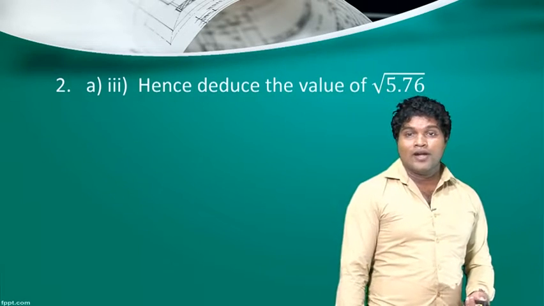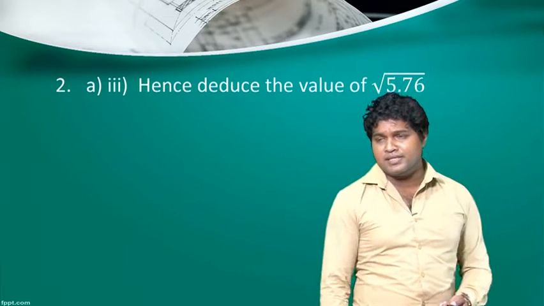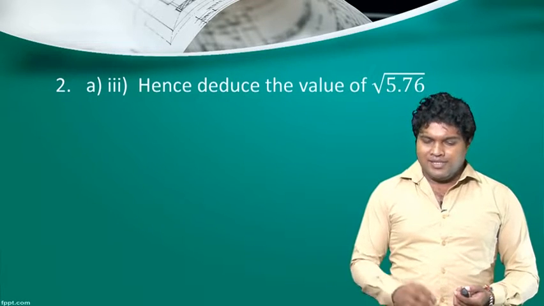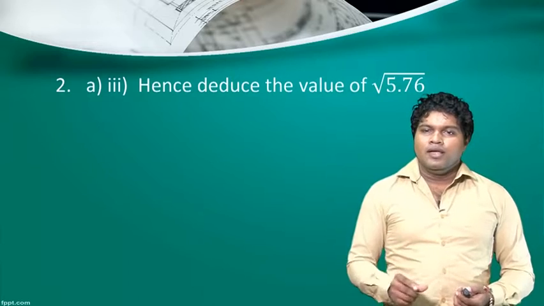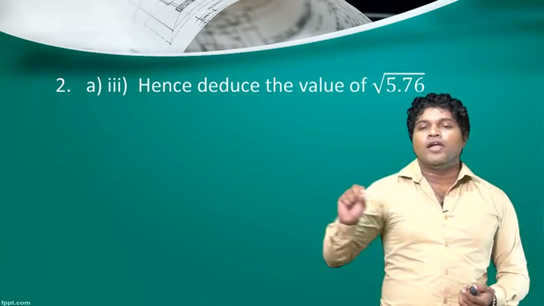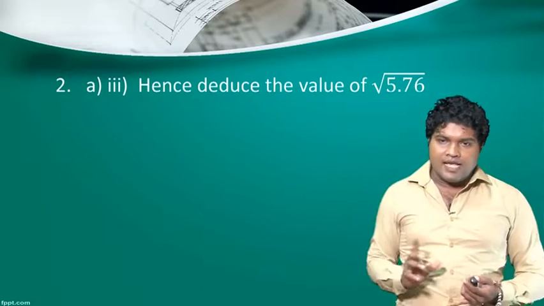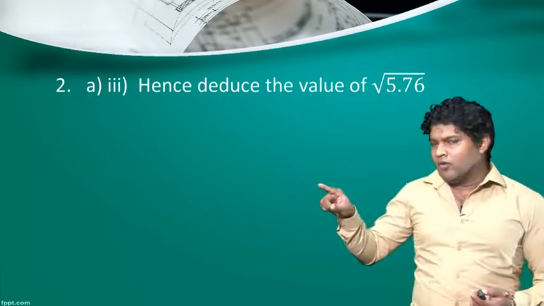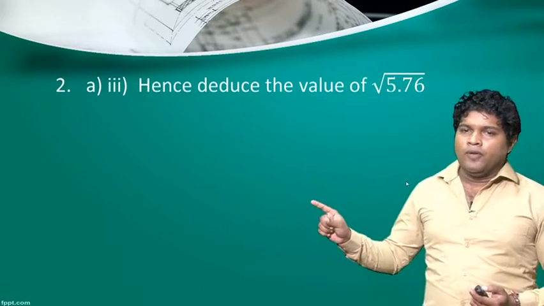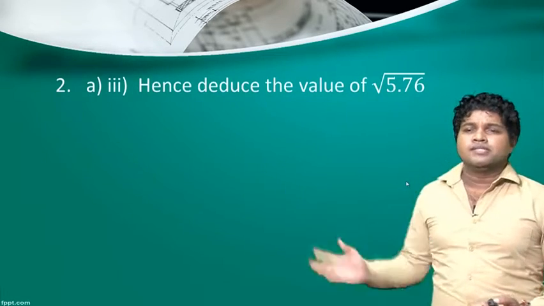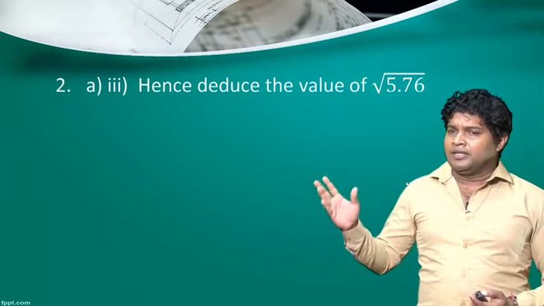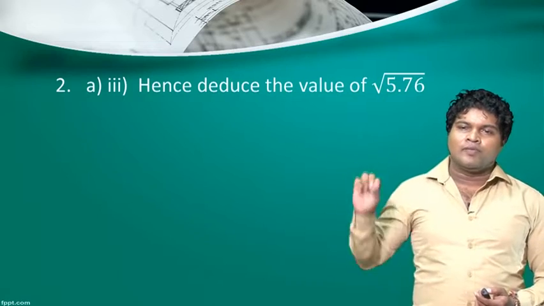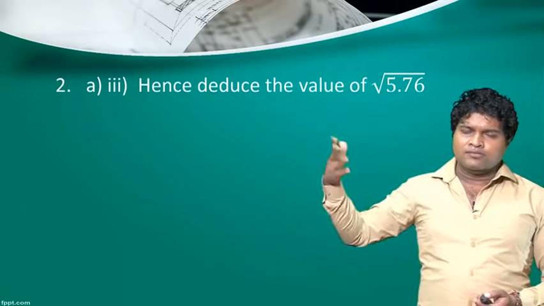Hence, deduce the value of the square root of 5.76. You have to deduce the value, just determine it. The square root of 5.76, having the previous answer that the square root of 576 equals 24. How do we get the square root of 5.76? You just compare with the previous answer and decide what will happen.